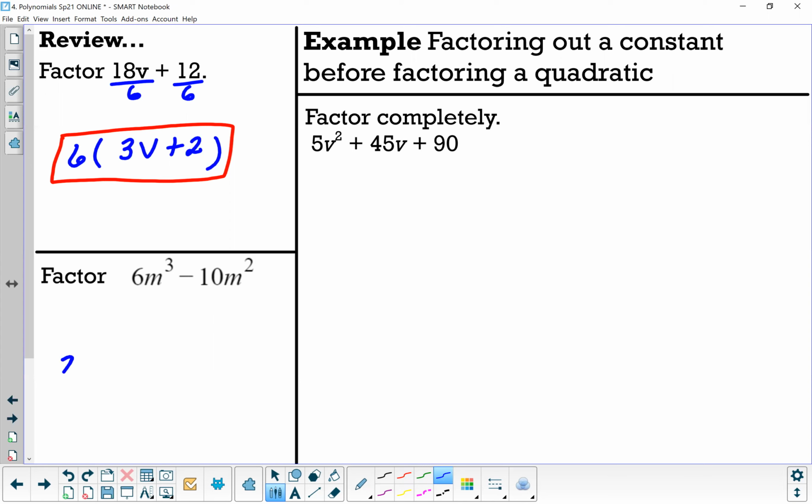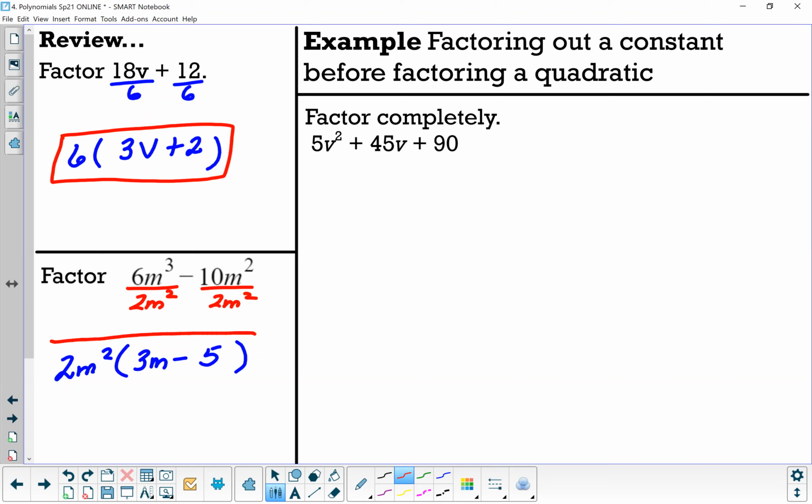So we have 2m squared as our GCF. Divide by 2m squared to get your second factor. So that gives us 3m minus 5. Then you want to look at 3m minus 5. Could you factor that further? No.